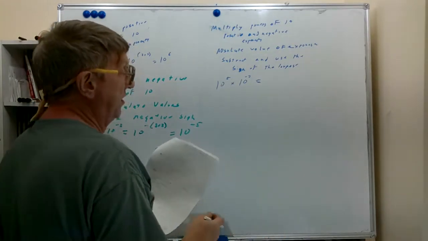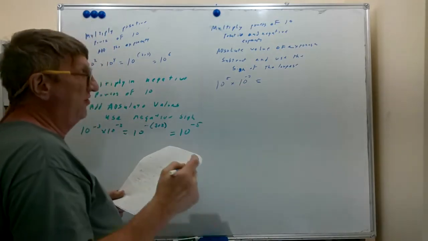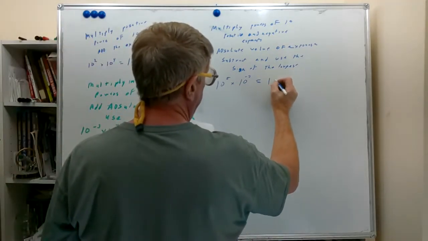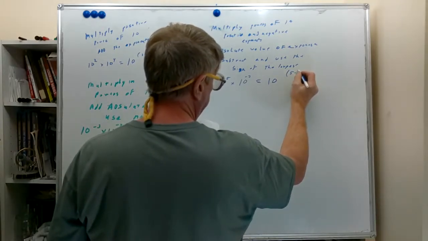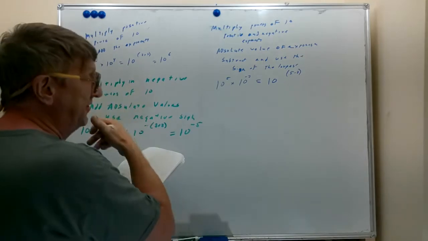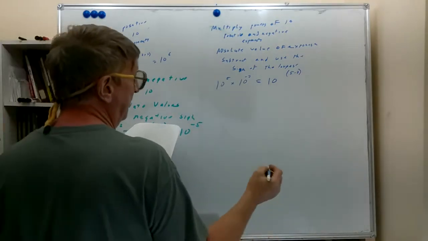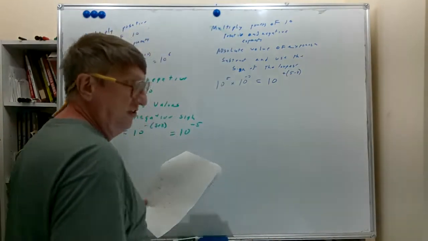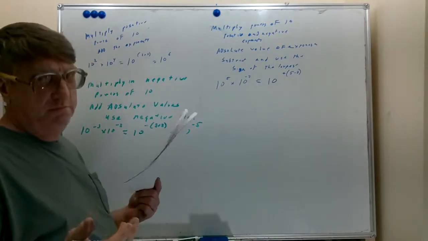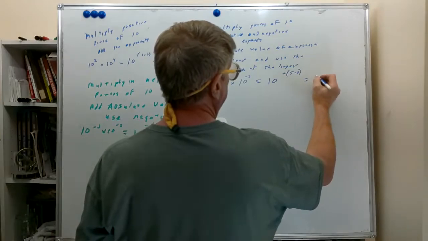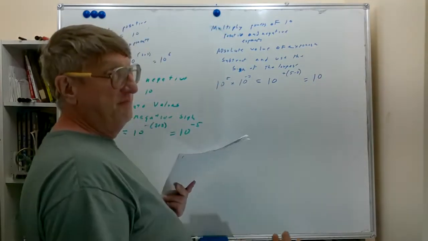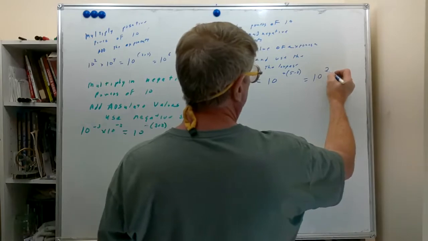Which is largest? 5 has the largest absolute value. So we're going to go 10 to the 5 minus 3, and we're going to use the sign of the largest, which happens to be positive. I'm going to put the positive here just to illustrate a little better, but leaving it off would indicate it was positive. So we got 10 to the 5 minus 3, that leaves 10 to the second power.